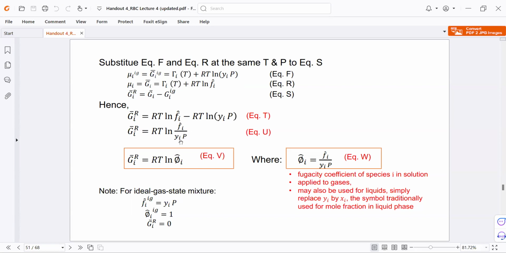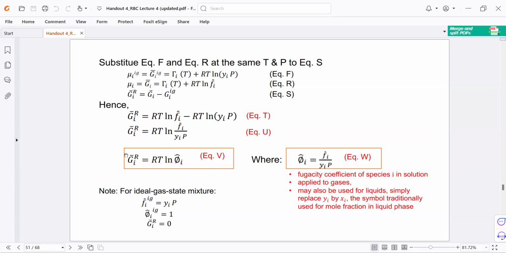And if you remember, this expression is actually the fugacity coefficient, f_i over P_i. But since we're talking about the species in solution, it's going to be phi hat.